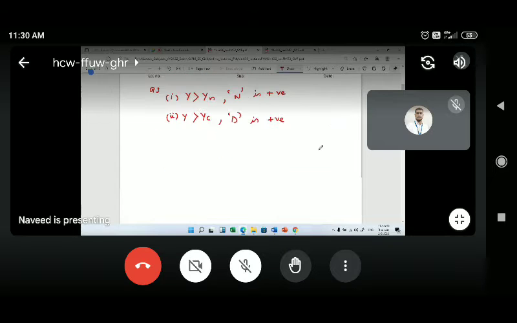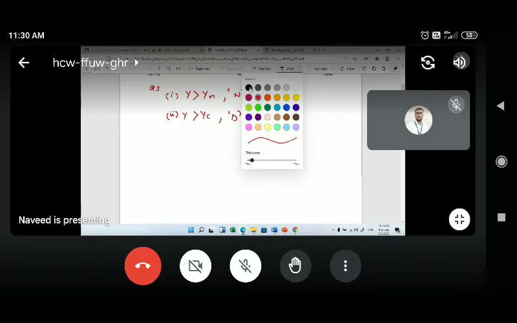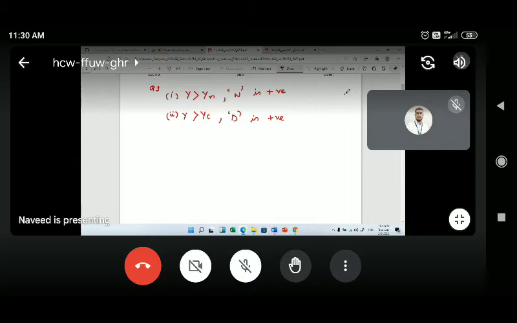We saw this condition earlier also: whenever dy by dx is positive in terms of flow, it means there is a rise.